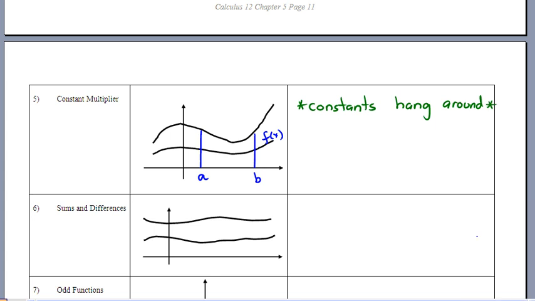So if you're ever asked to integrate that tall function, k times f of x dx, so it's been expanded vertically by a factor of k, and you're integrating from a to b, if you would prefer, you could just integrate that smaller function, the original function, f of x dx, from a to b, but then what you're going to have to do is multiply your answer by k. So you can basically slide constants just outside of that integration sign.